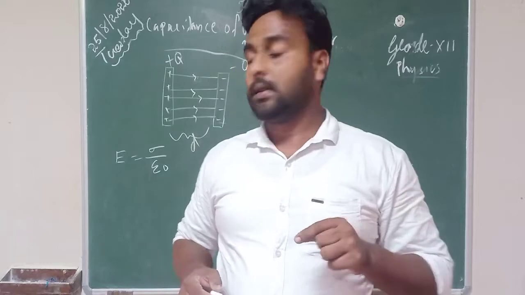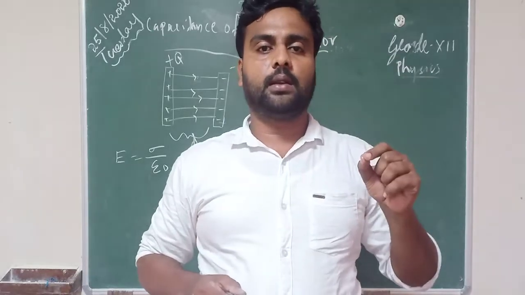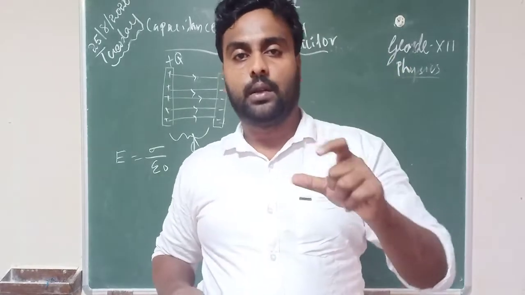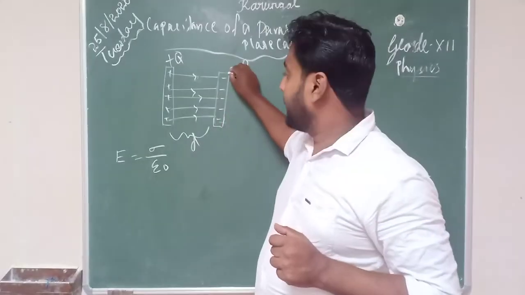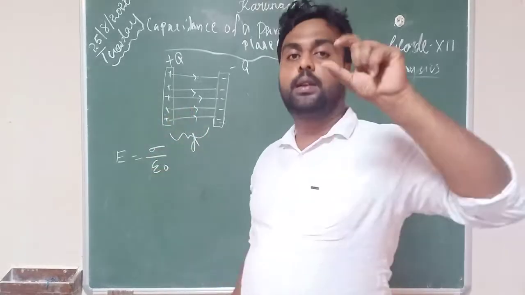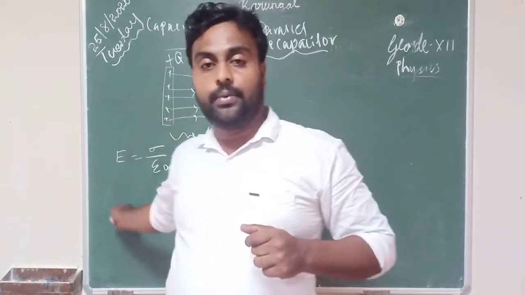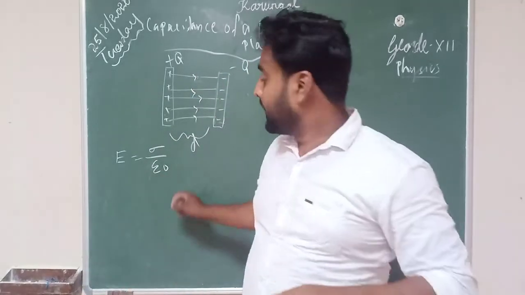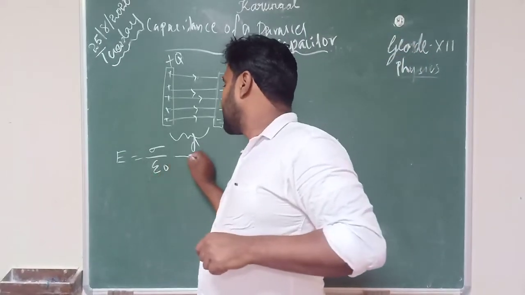Sigma means charge density, or you can say charge per unit area. Like you see, plates are there, so sigma means charge per unit area. E is the electric field, and epsilon 0 you have already learned about. Keep this as equation 1.